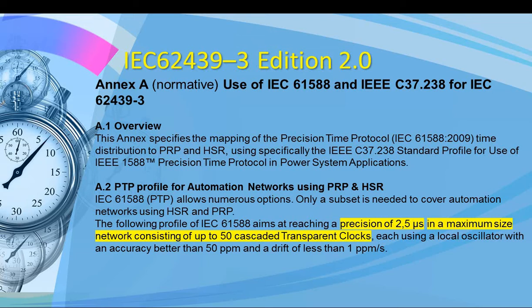This profile defines the network clock accuracy: 2.5 microseconds in the maximum size network consisting of up to 50 cascaded transparent clocks. This is the first PTP profile for the PRP and HSR network.